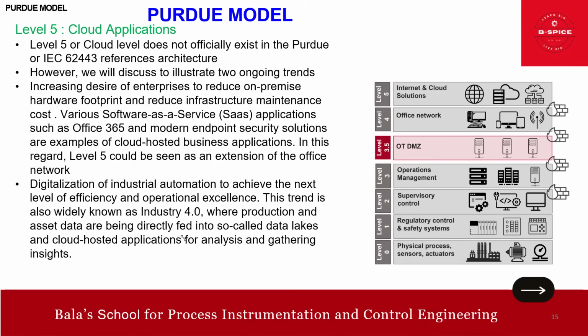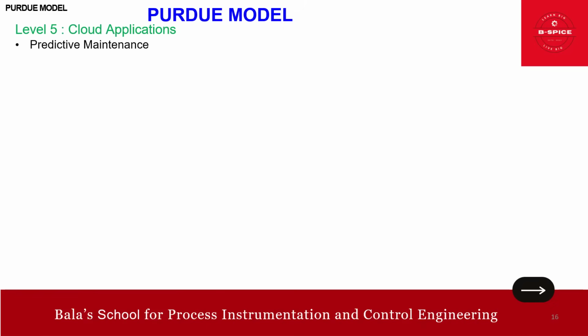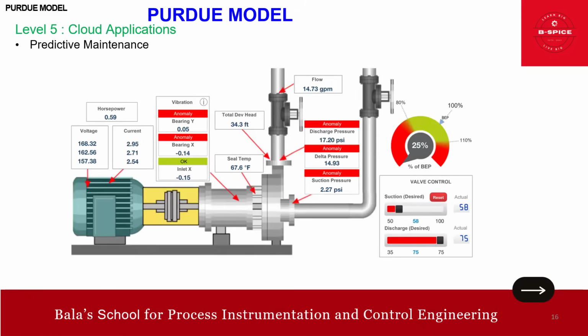Just to add a few more, in level 5 we also have predictive maintenance. Among the most mature and widely adopted examples of cloud-based applications is predictive maintenance. This is a proactive maintenance strategy that utilizes condition monitoring applications to detect various deterioration signs, anomalies, equipment performance issues, all these. For this purpose, the equipment is instrumented with additional sensors, as you can see: flow, temperature, discharge pressure.